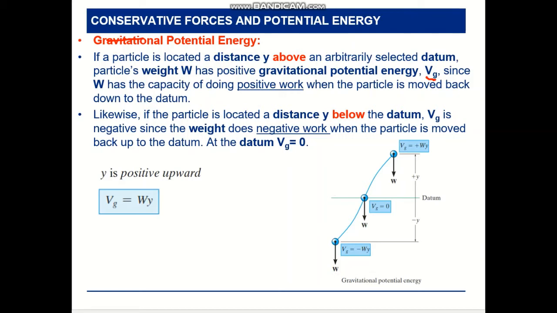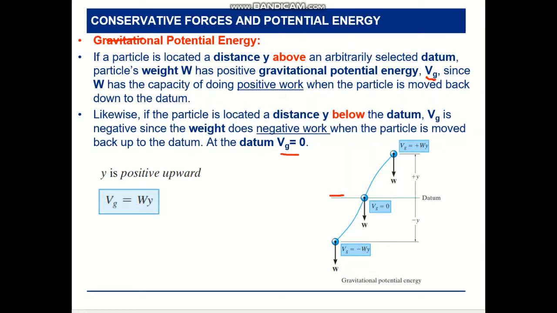Likewise, if the particle is located at distance y below the datum, Vg is negative since the weight does negative work when the particle is moved back up to the datum. At the datum, Vg is again 0.